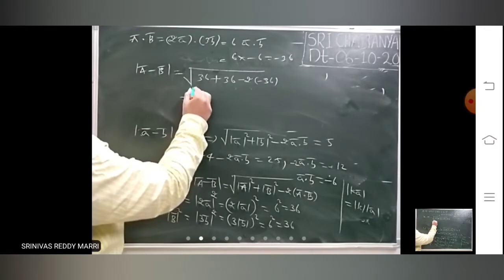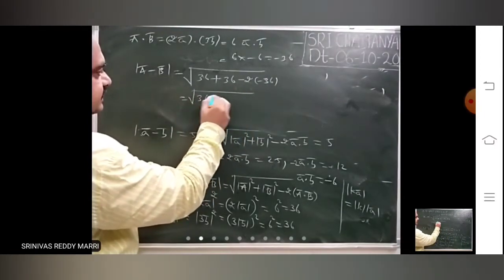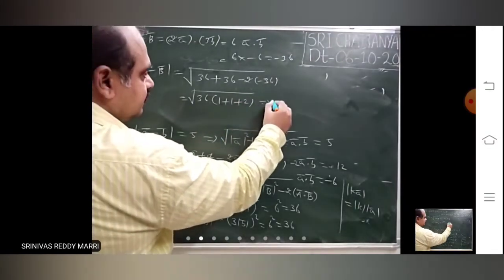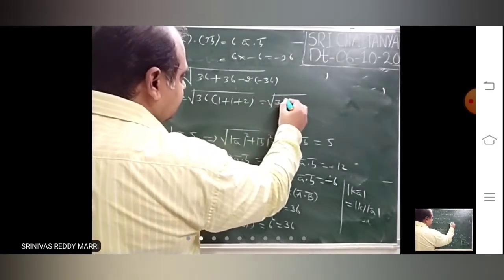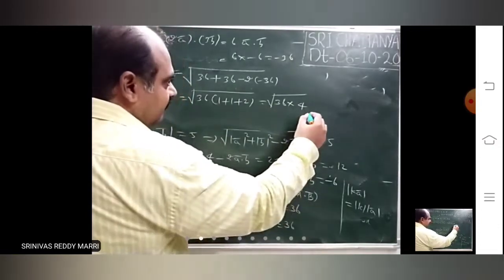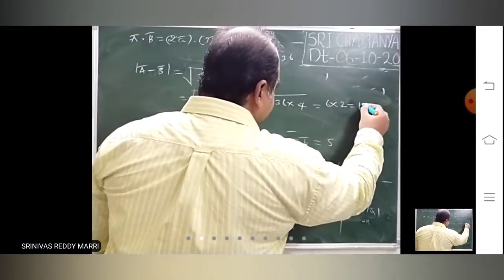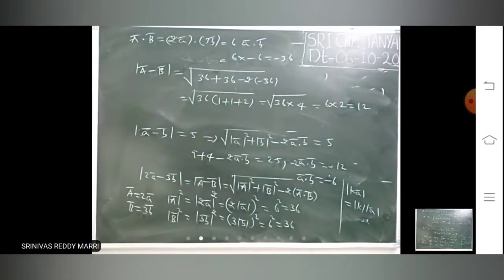That means root of 36 taken common, 1 plus 1 plus 2. That means root of 36 into 4, which is nothing but 6 into 2. This is nothing but 12. That is the answer.